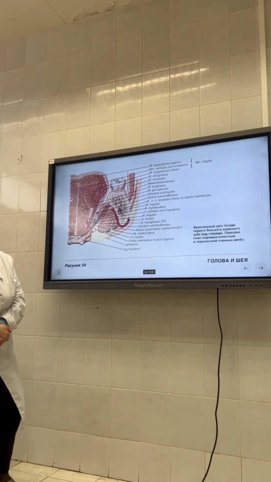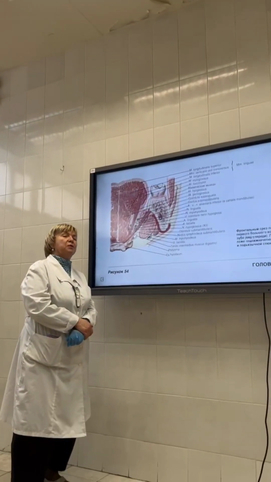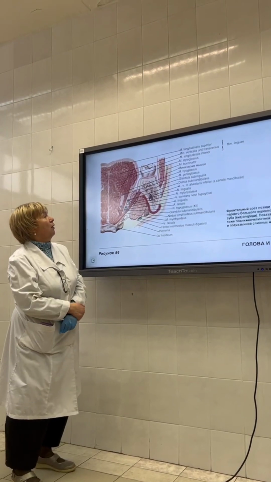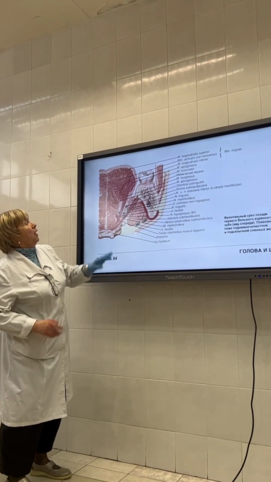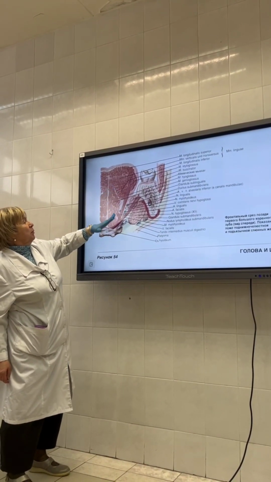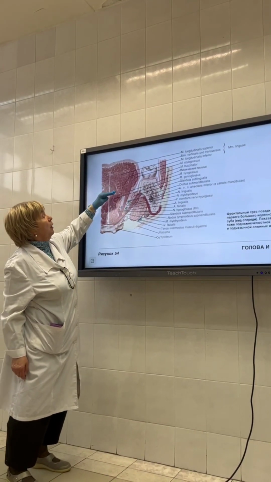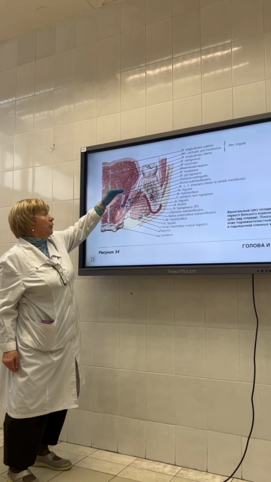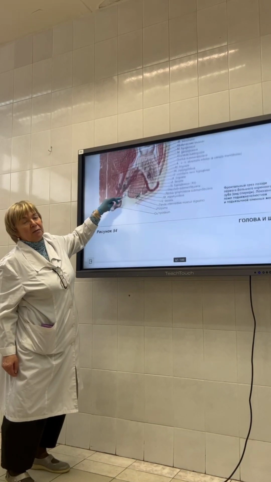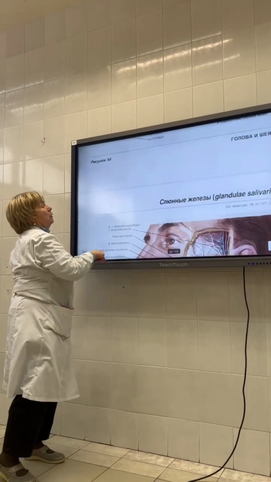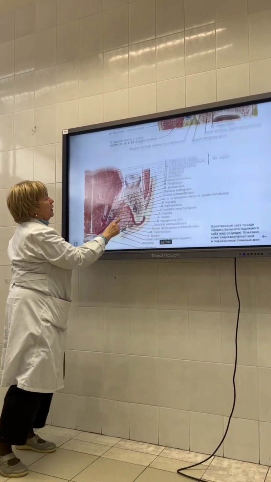Now the facial spaces of the oral cavity. The space between the tongue above the mylohyoid muscle and below the mucous coat is called the sublingual space, or sublingual fatty space.